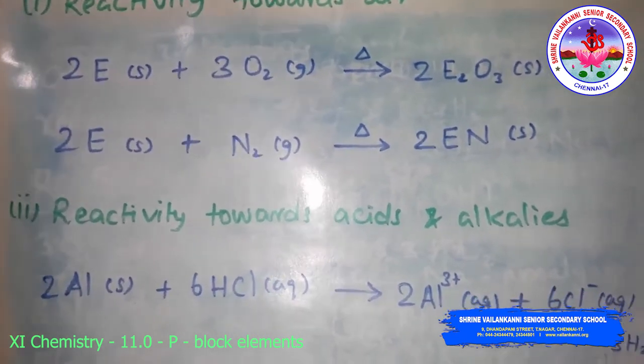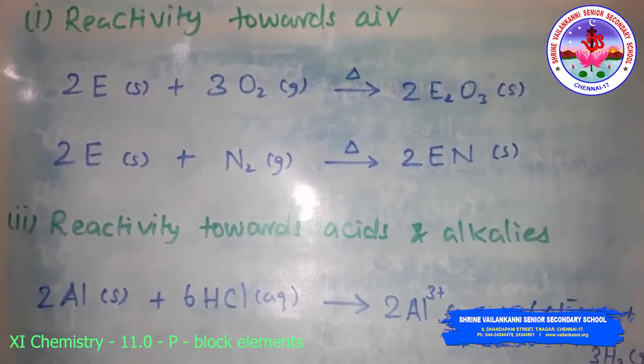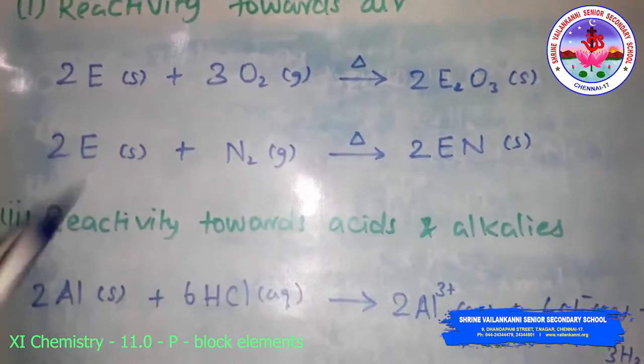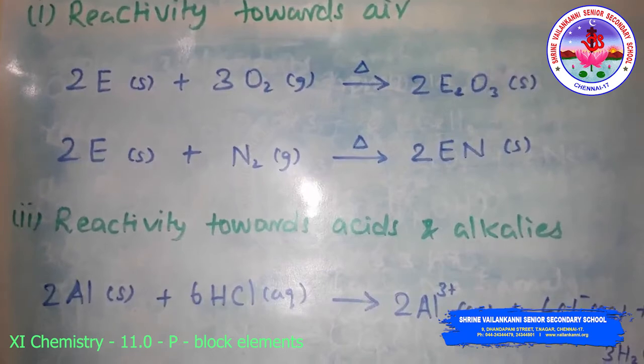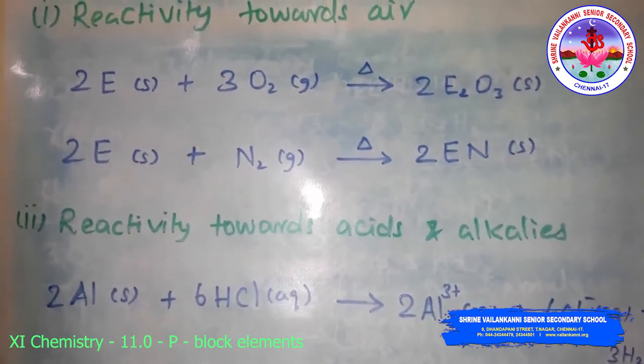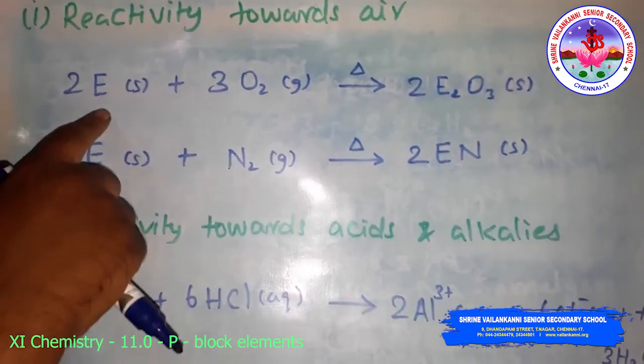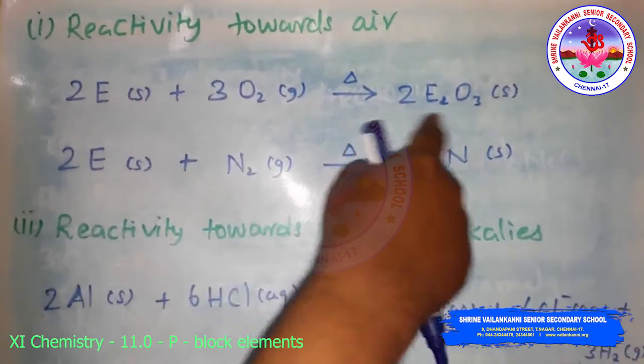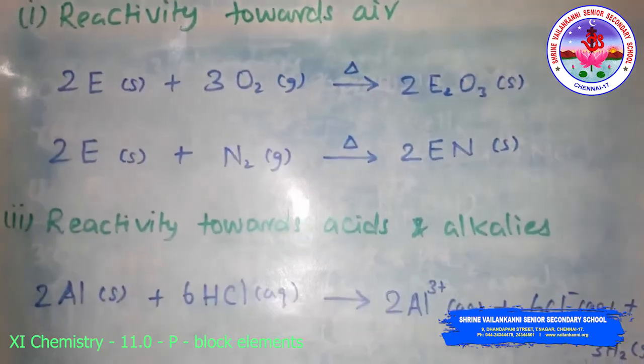With dinitrogen at high temperature they form nitrides. So this is the reaction. Here the E indicates the element, you can write boron or aluminum. If you write boron, it reacts with oxygen to form B2O3; aluminum forms Al2O3.